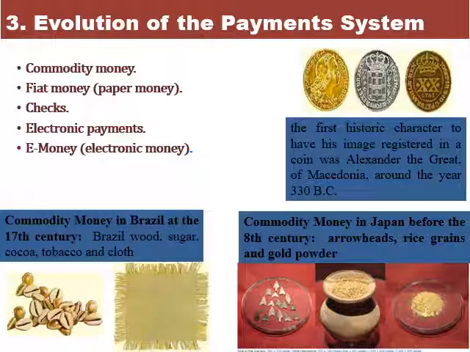For example, before the 8th century, the Japanese used arrowheads, rice grains, and gold powder as commodity money. Another example of commodity money was in Brazil in the 17th century, where they used goods such as wood, sugar, cocoa, tobacco, and cloth.